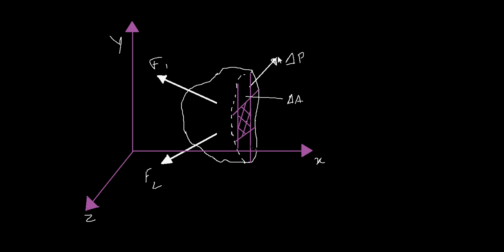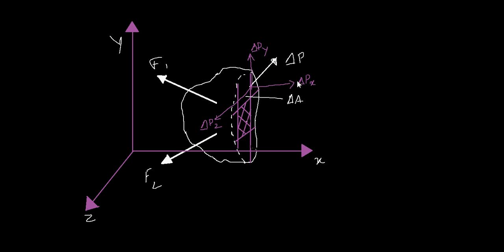Now you know this force is at an angle with each of the axes. So you need to resolve that force into components. Now you have an X component here, which is delta Px, a Y component here, which is delta Py, and a Z component here, which is delta Pz.